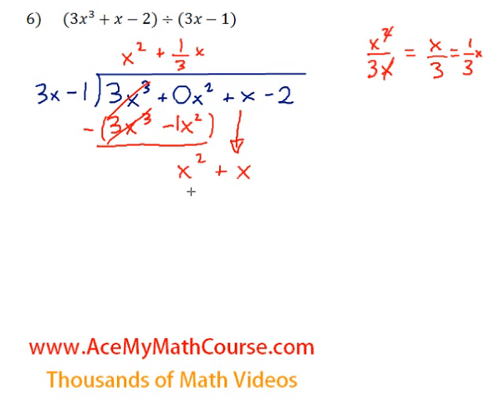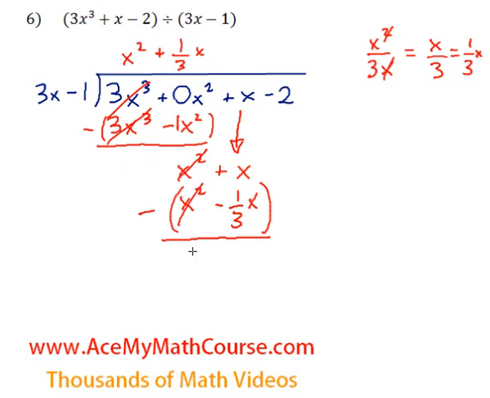This is going to get a little messy because we're going to have some fractions, but hopefully no one's scared of fractions. So 1/3 x times 3x is x squared. Then 1/3 x times minus 1 is minus 1/3 x. And at this point we're going to subtract these elements.